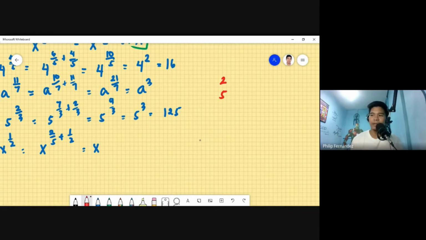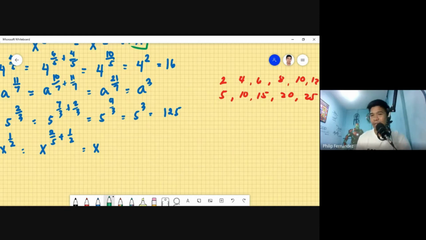Tapos mag-skip counting tayo. Let's say for example, dun sa 2, 2, 4, 6, 8, 10, 12, and so on. Tapos sa 5, 5, 10, 15, 20, 25. Yung pinakaunang number na magkakapareha silang dalawa nung sa counting, yun yung LCD.